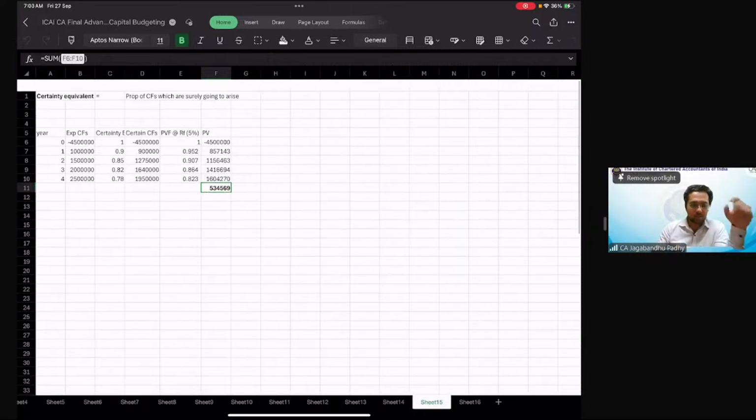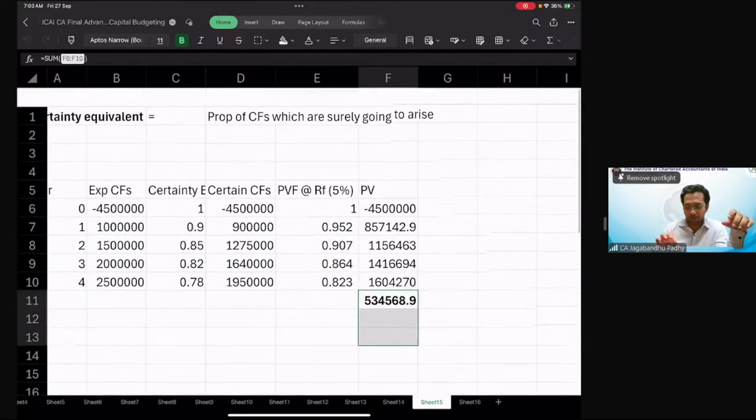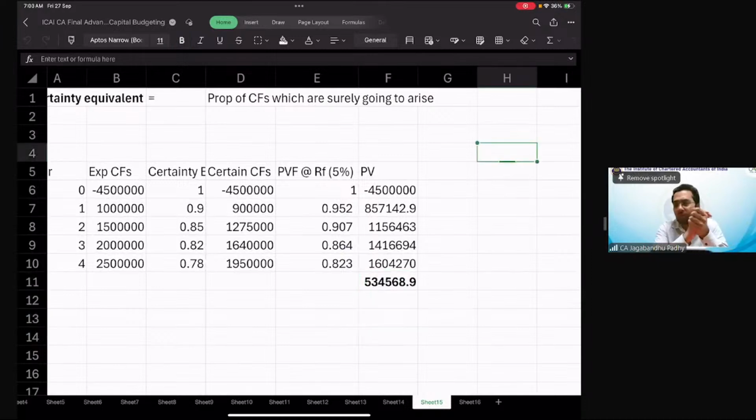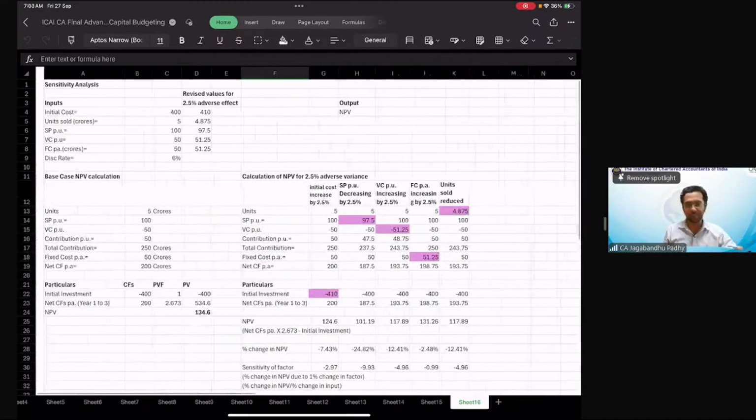And then we saw something called a certainty equivalent, where instead of calculating the risk-adjusted discount rate, we compute the certain portion of the cash flow, and that certain portion of cash flow is discounted using the risk-free rate of return. Okay, and then we went ahead with the next aspect, which was sensitivity analysis.